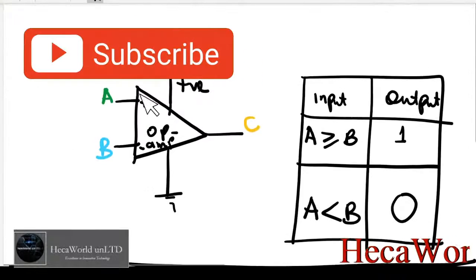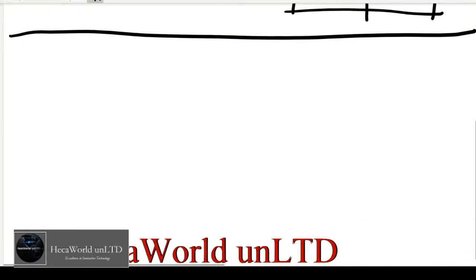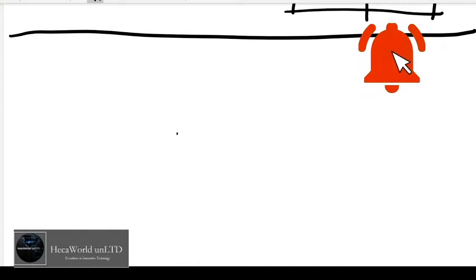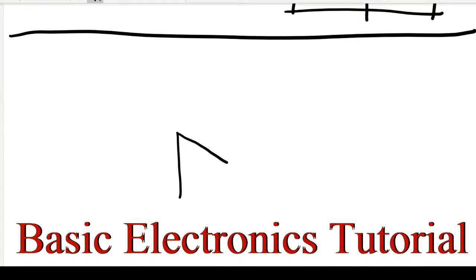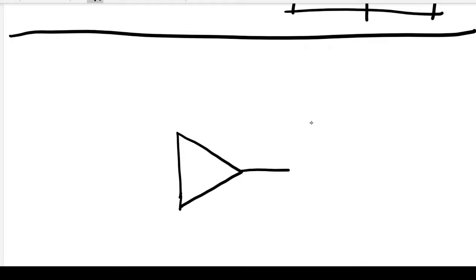So let's say, let's draw another comparator. Let's say we have a resistor here. We have the same value here.